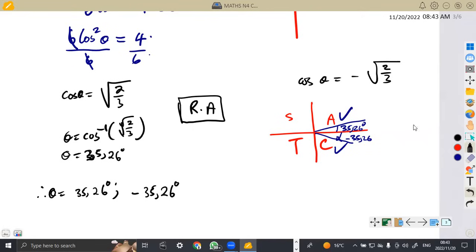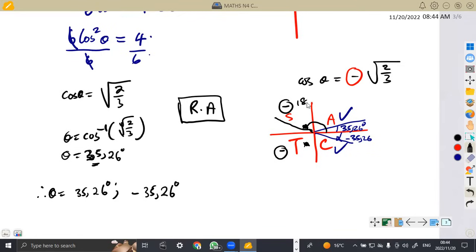We move on to the other one, where cos is now negative. So cos is negative in this quadrant of sine. Here cos is negative, and here cos is also negative. But this one is not going to work because it's already above 180. So our answer was going to be taken from sine, which is this value here. Remember that in the second quadrant, it's 180 minus the reference angle.